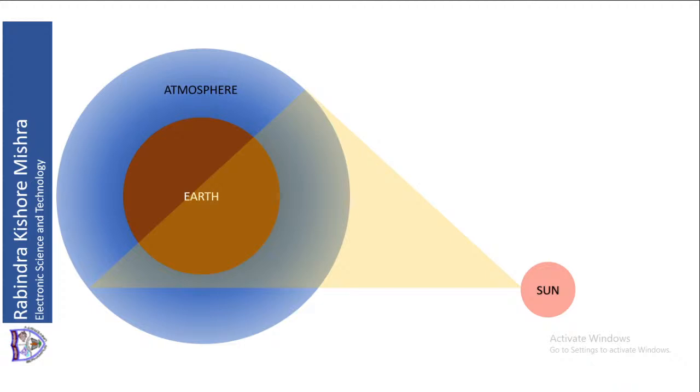Now by ionization, what will happen? The gas absorbs sufficient energy, so it gets energized, and the electron in the outermost orbit of the gas molecule gets detached from the gas molecule. Since it gets detached, the electron becomes free, so we have a free electron because of the absorption of energy.